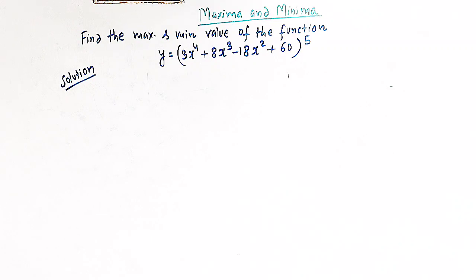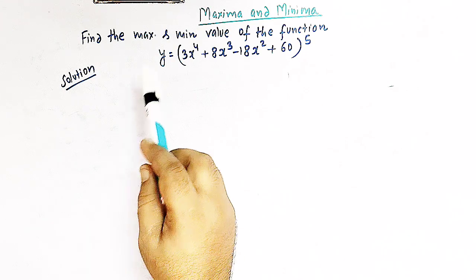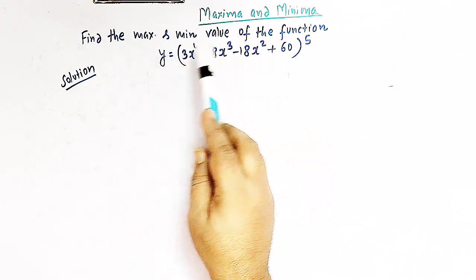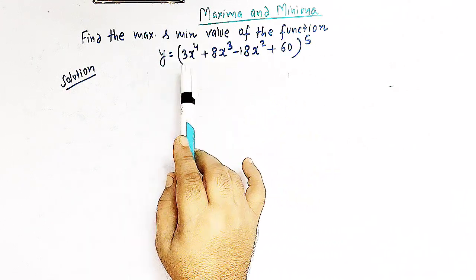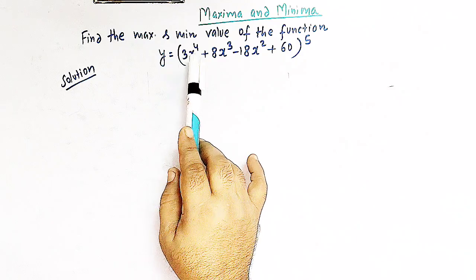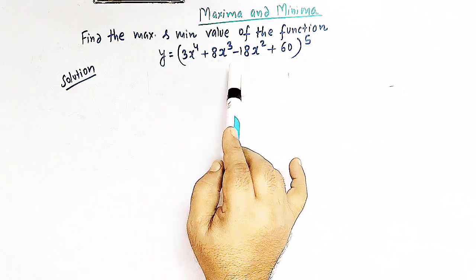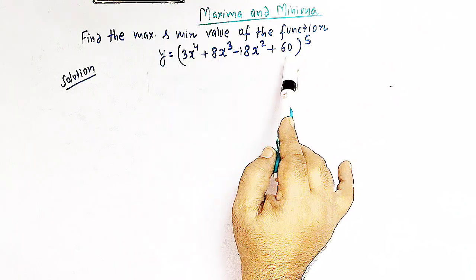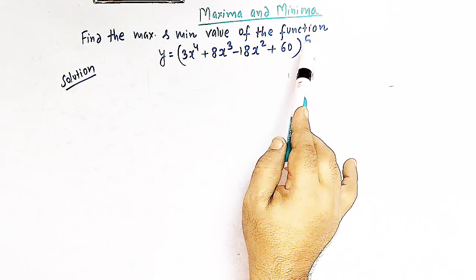Hello viewers, in today's session we are going to discuss another important problem from Maxima and Minima. Here we have to find the maximum and minimum value of the function y equal to (3x^4 + 8x^3 - 18x^2 + 60)^5.